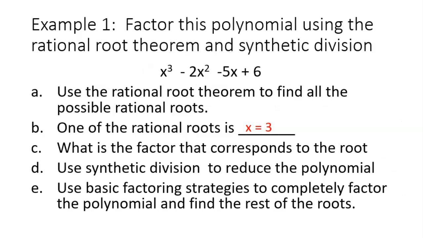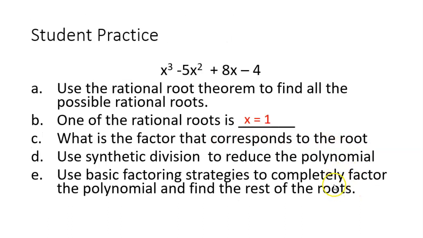All right, let's have you guys practice this a little bit. So basically the only new thing that we're doing here is step C, where you turn this number into a factor. But the rest of it is stuff we've done before. Okay, so let's go ahead and begin.